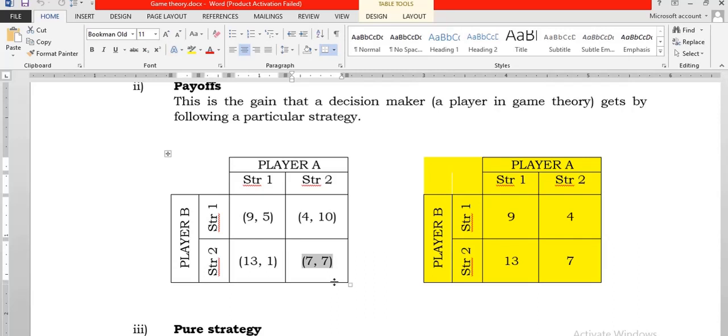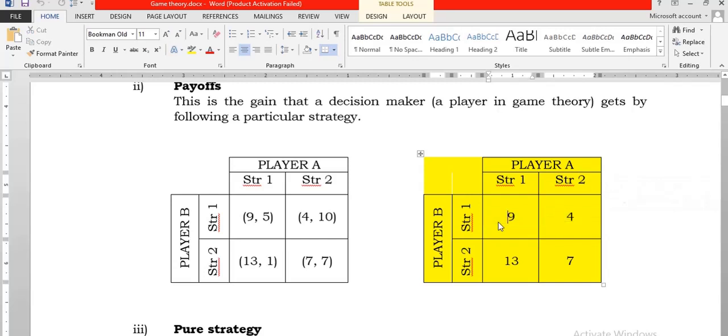Alright, so now, when player A gains 7, that means player B loses 7. But since our focus is on player B, we shall now consider player B gaining and player A losing. So in this case, if player A gets 5 in the first scenario, that means player A will be losing 9. That's what is reflected here. It says that in this particular payoff, the reduced payoff is in such a way that player B wins and player A loses.